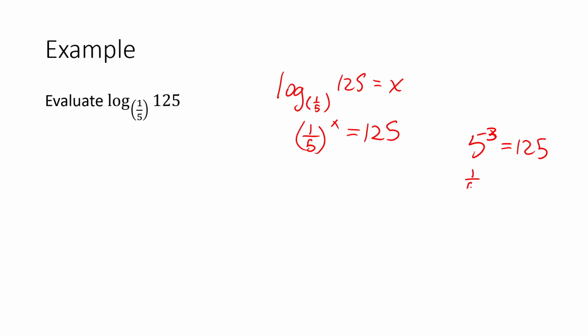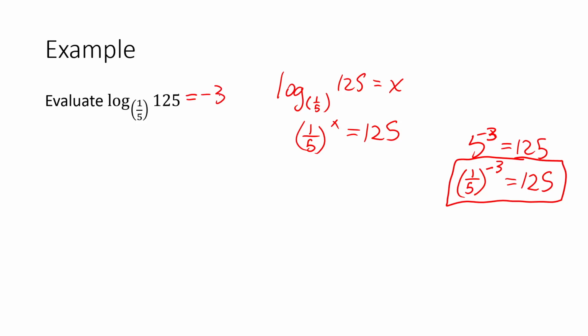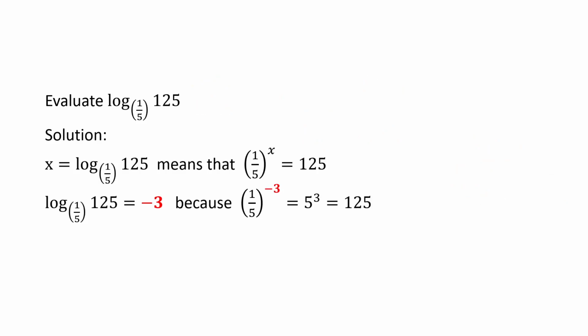So when we take the reciprocal of that base, we then make the exponent negative. So since 1/5 to the exponent -3 is 125, therefore the log base 1/5 of 125 is -3. The answer to this question is -3, and the reason for it is typed out for you right there.